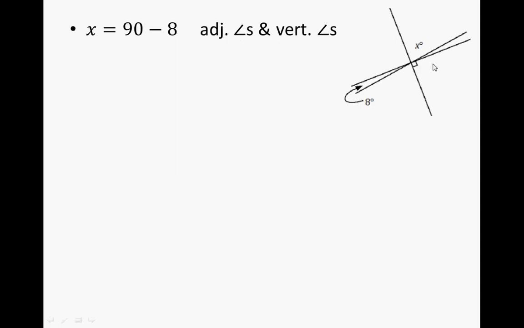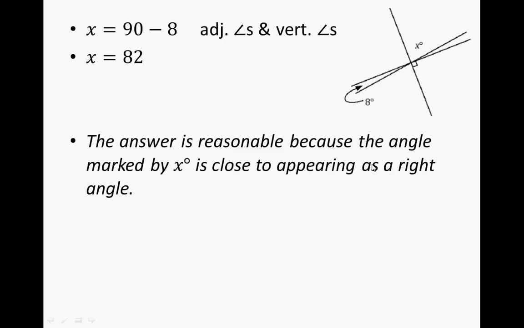Remember, 8 is vertical to this section right here. So therefore, when we subtract, x has to be 82. The answer is reasonable because the angle marked by x degrees is close to appearing as a right angle.